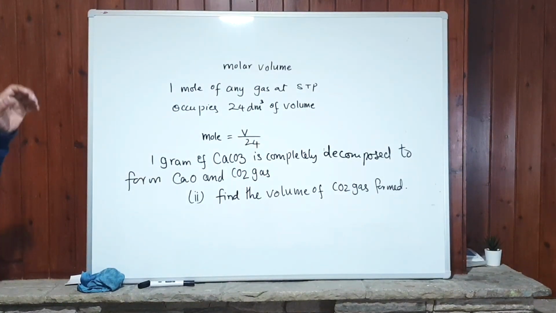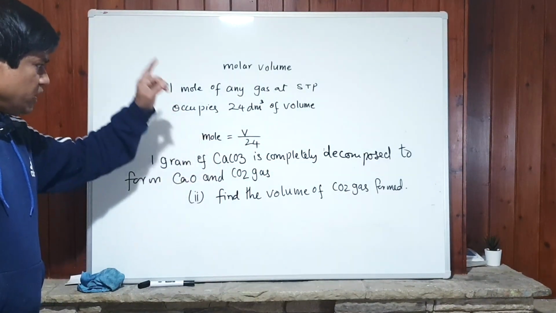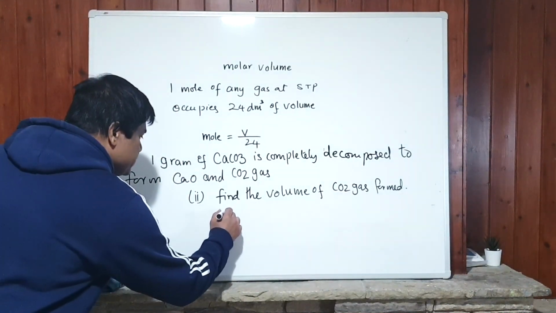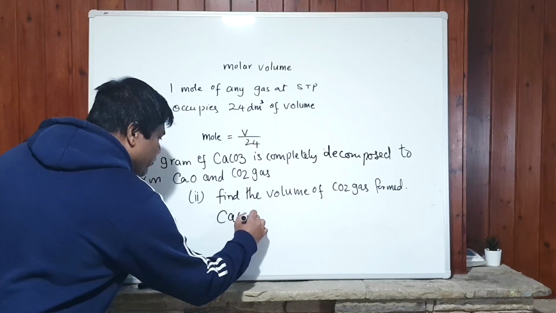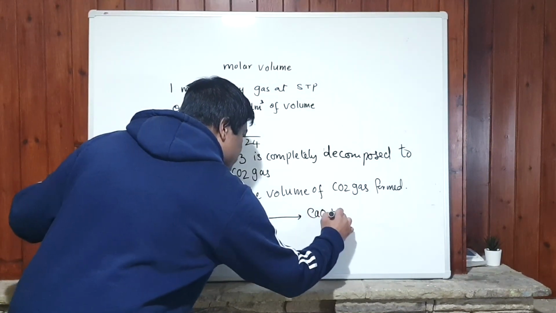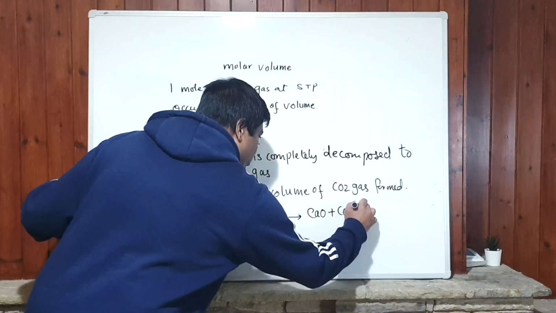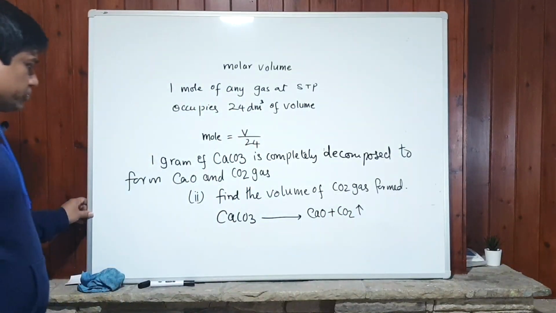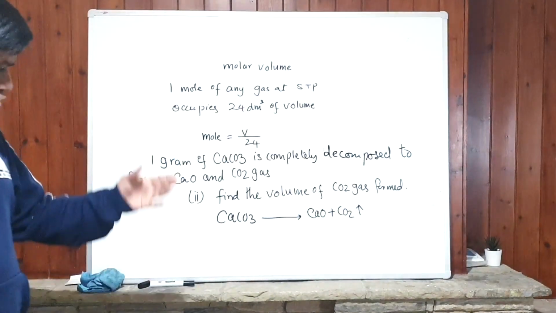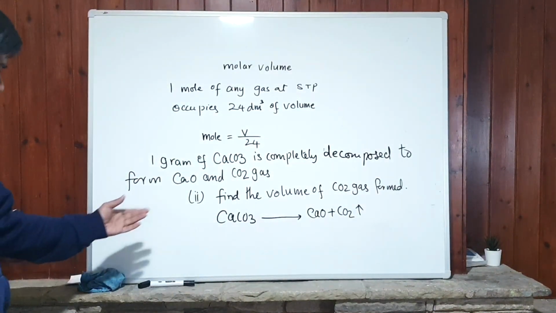First of all, we have to write the balanced chemical equation. Calcium carbonate, when you heat it, gives calcium oxide plus carbon dioxide gas. The mass of calcium carbonate is given. So what's our approach?